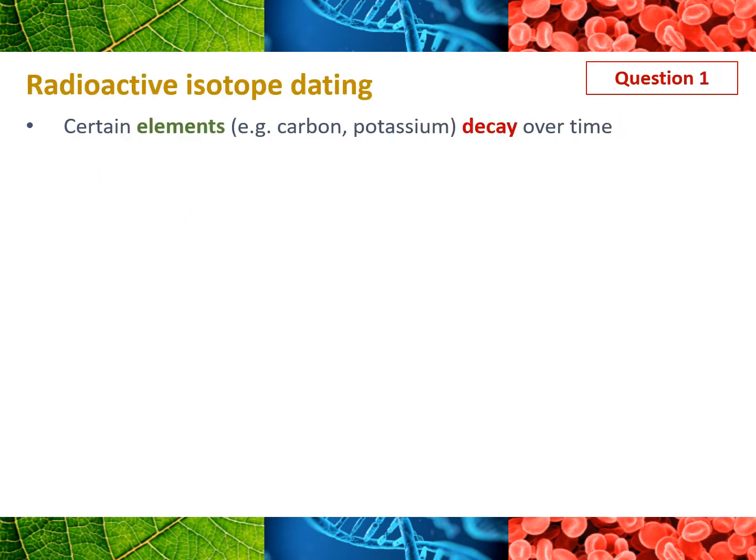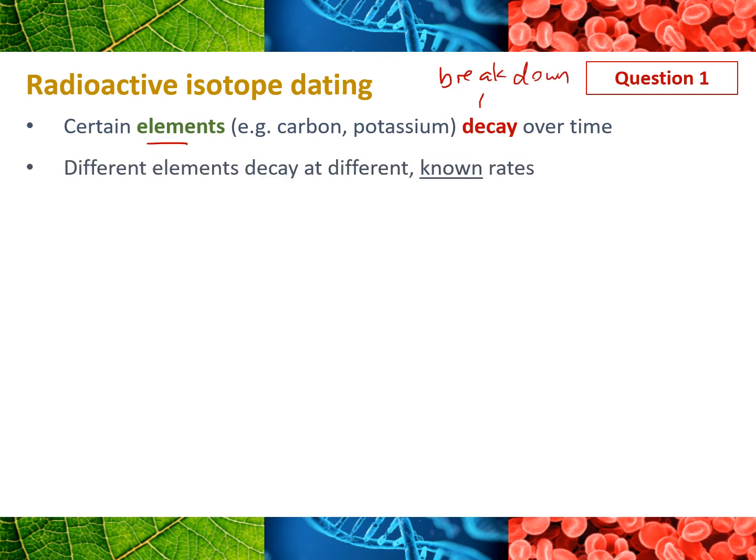So the kind of theory behind radioactive isotope dating is that certain elements, for example, carbon or potassium, decay over time. Okay, so over time, they break down. Different elements, again, for example, carbon versus potassium, decay at different rates.